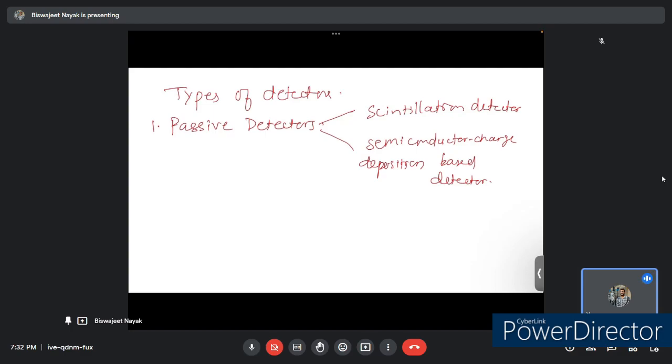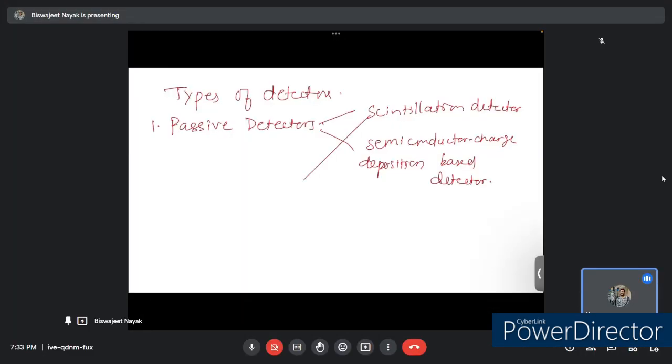Whatever light is emitted is collected and passed by total internal reflection, and the signal is multiplied using a photomultiplier, converted into a signal, and we detect those signals. So we may say scintillator detectors comprise optically active materials.